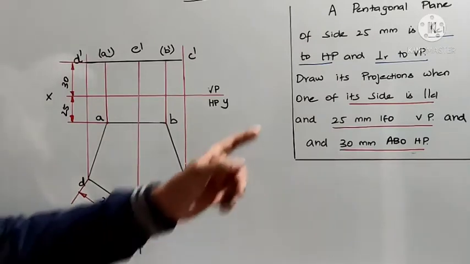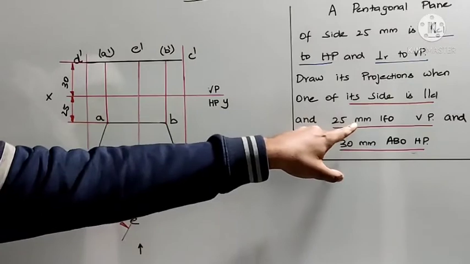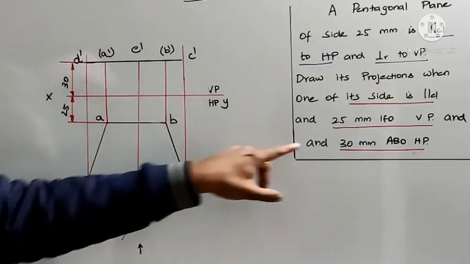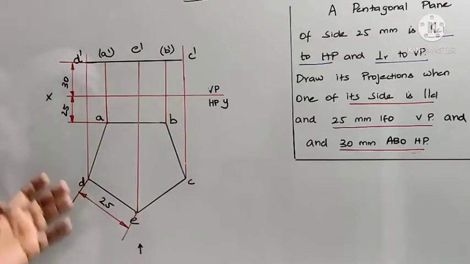So I mentioned all the 3 dimensions given in the question, that is the size of the pentagon, 25 mm, the in front of distance, and 30 mm above distance. I have mentioned the dimensions, okay.